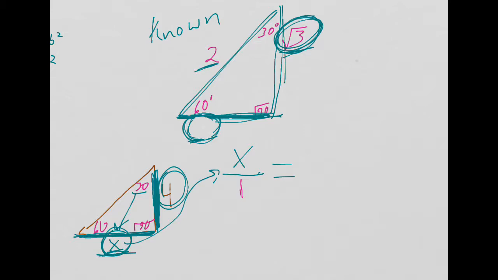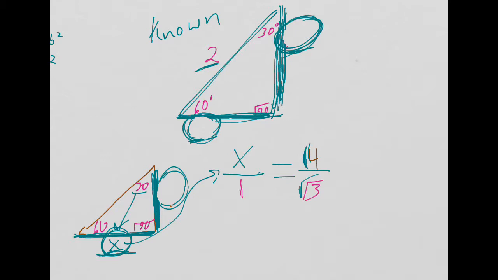And I'm going to put it over the corresponding side of my known triangle. Alright? So, I'm going to take this 4 right there and then put it over the square root of 3.